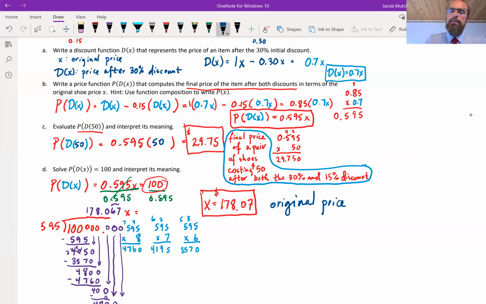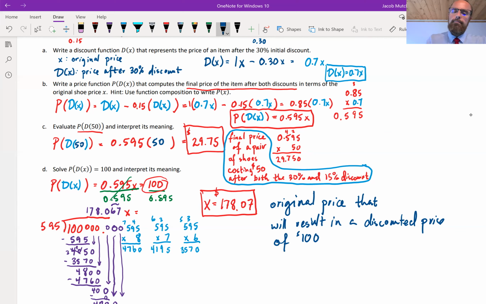The original price that will result in a discounted price of $100 after both the 30% and the 15% discounts.